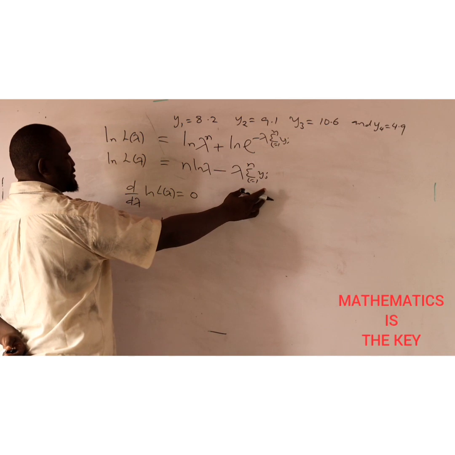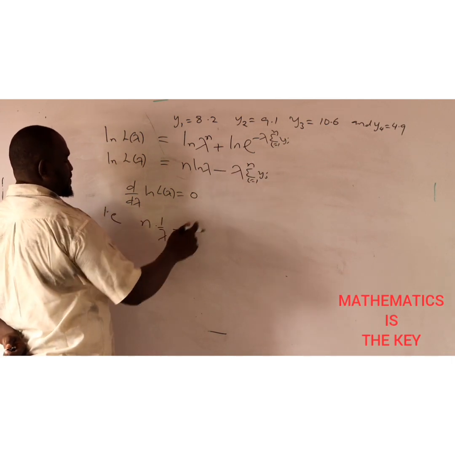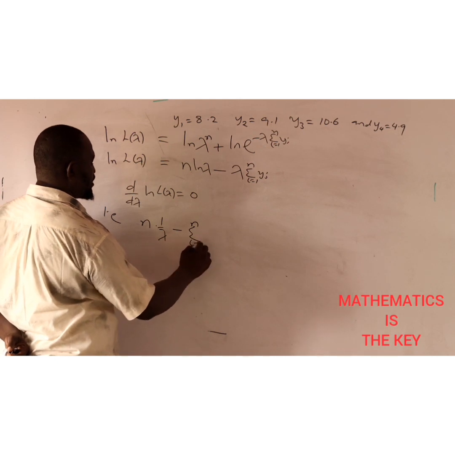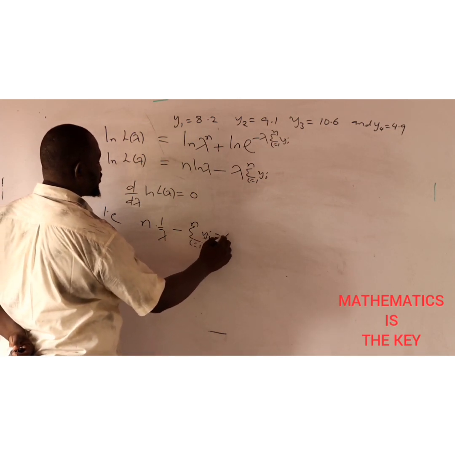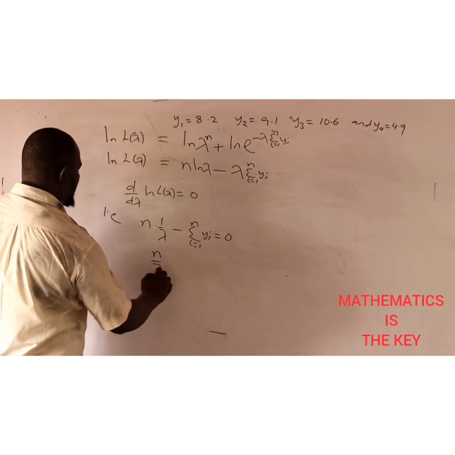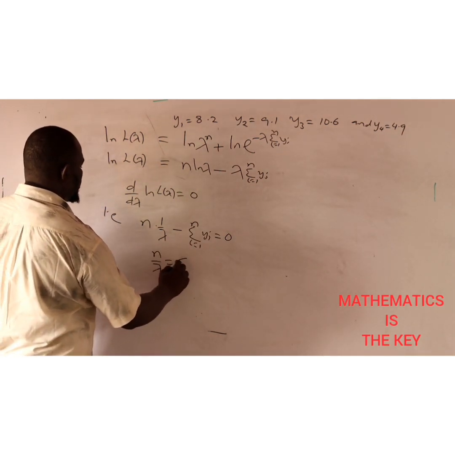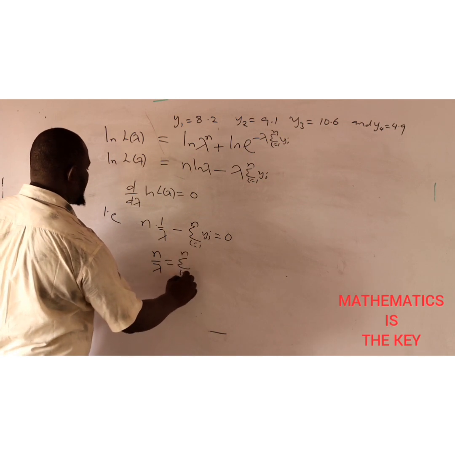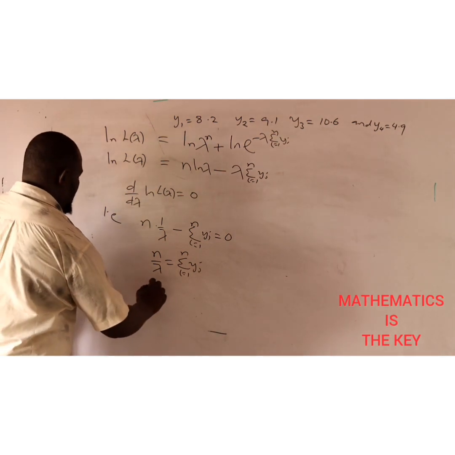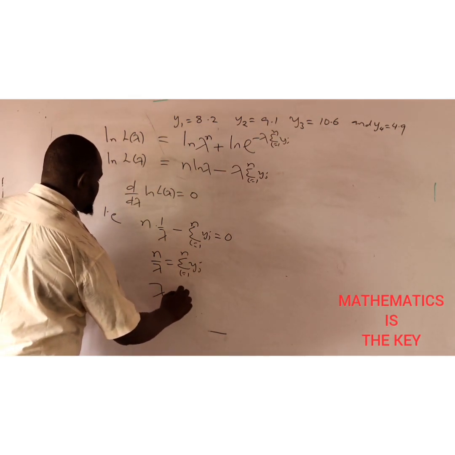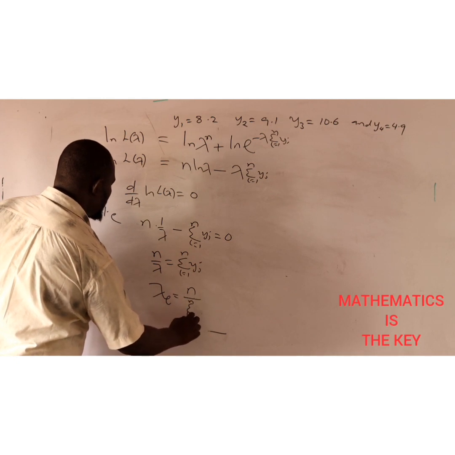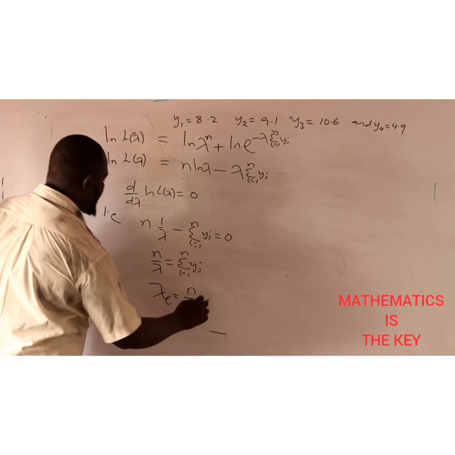Differentiate this with respect to lambda, lambda will vanish, so we have summation from i = 1 to n of yi, equal to 0. Simplifying further, we have n over lambda is equal to summation from i = 1 to n of yi. So finally, the lambda estimate is n over summation from i = 1 to n of yi.